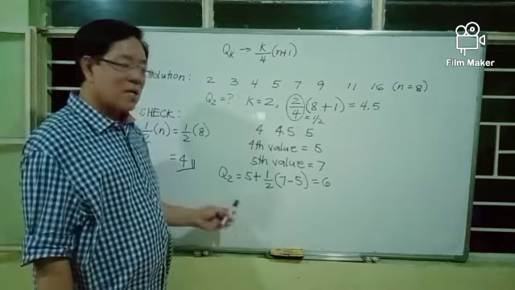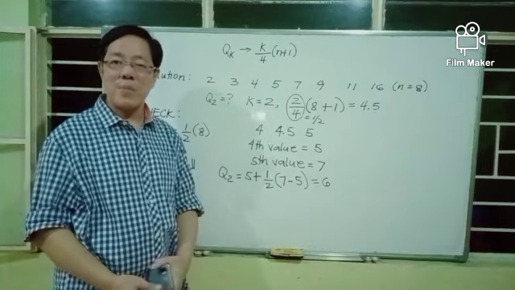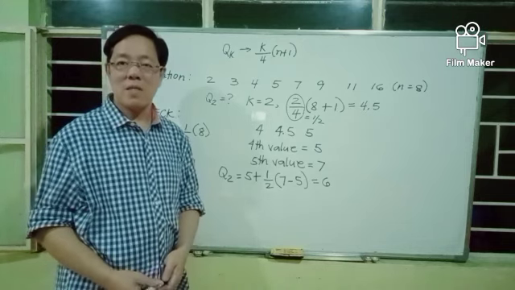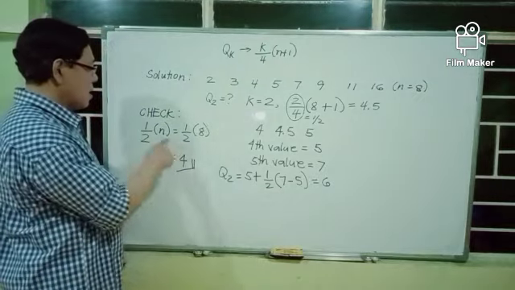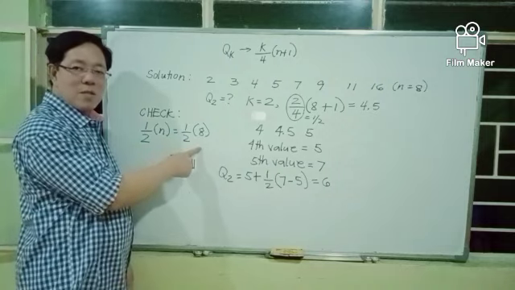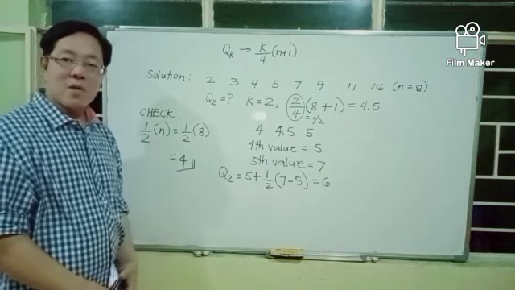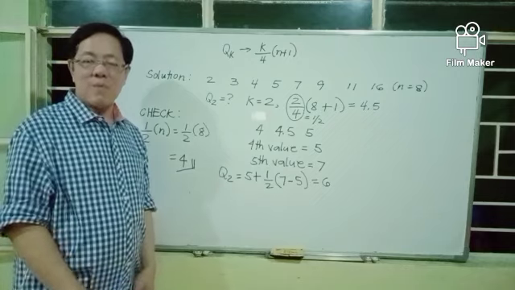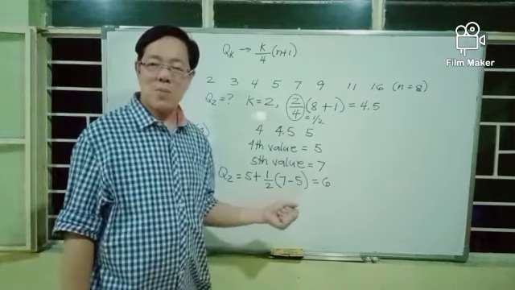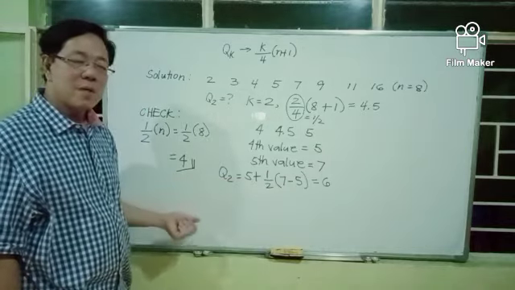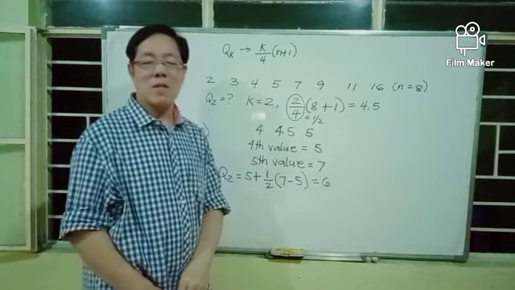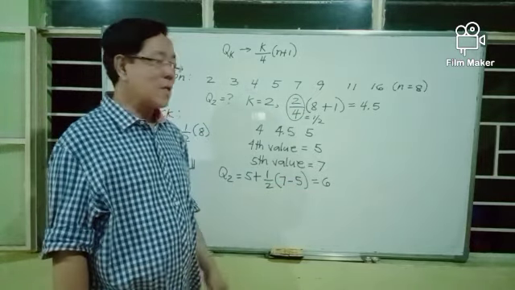The definition of the second quartile also says that the other 50%, or another 1/2 of the set of values, 1/2 of 8, that's 4, are greater than the second quartile, which means that at most 4 of the given values are greater than 6. So we check that. We count the number of values greater than 6.